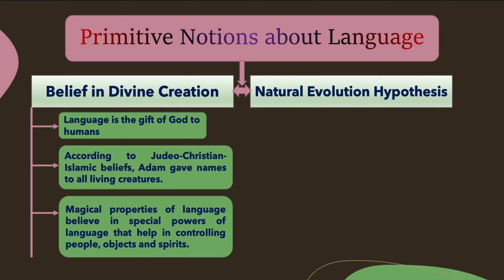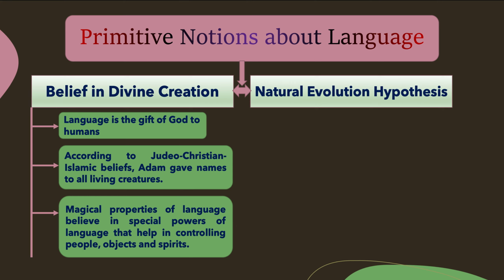It's from God. Unless God has given that special influence, language cannot have that much effect upon the heart and mind of human beings. Therefore, language is the creation of God. Language comes from God. It is the gift of God to humans. This is basically the point of those who believe in divine creation.